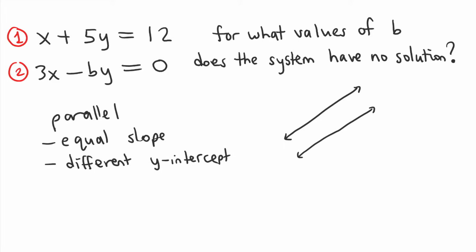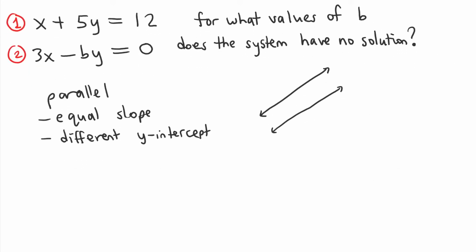Right, so I'm going to convert these two equations into slope intercept form. The first one, subtracting x from both sides and then dividing by 5 on both sides, we get y is negative a fifth times x plus 12 over 5.